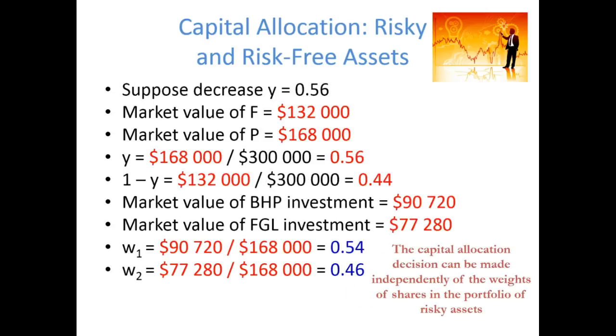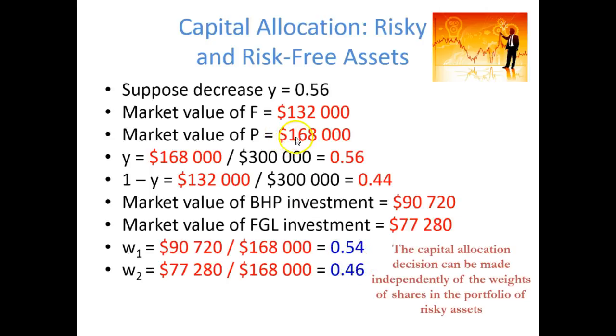Now, this goes to show that these two decisions, asset allocation and security selection, can be independent of each other. What if we suddenly decide to change the weighting across our risky portfolio and our risk-free assets? So we change our asset allocation decision up here, such that we've now got 56% in the risky portfolio and 44% of our total wealth in the risk-free rate. We can affect that change without affecting the security selection decision by simply selling down the risky assets in the same proportion as what they were previously held.